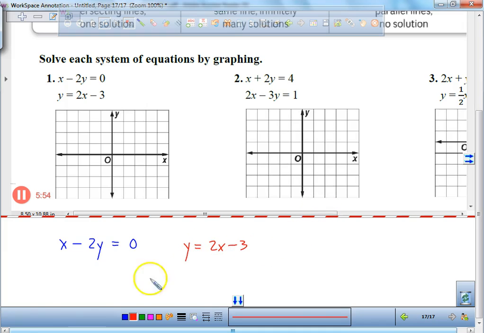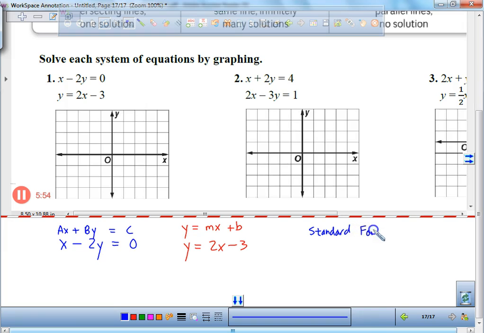So write those down. All right, above the blue one, I want you guys to write ax plus by equals c, because this is called standard form. And over here, I want you to write y equals mx plus b.